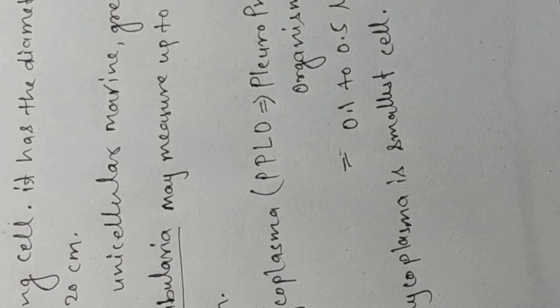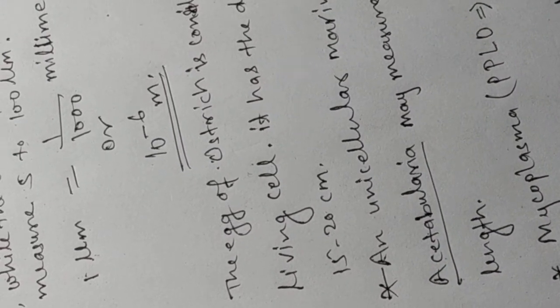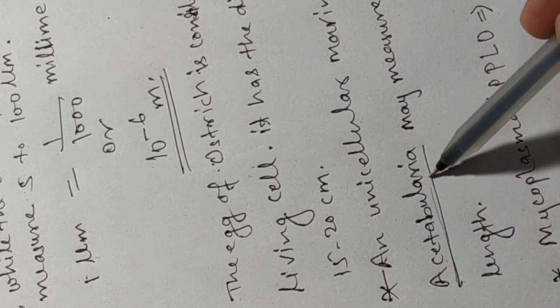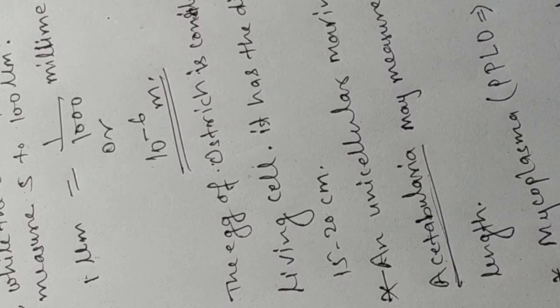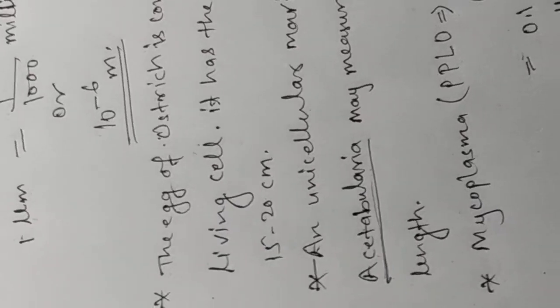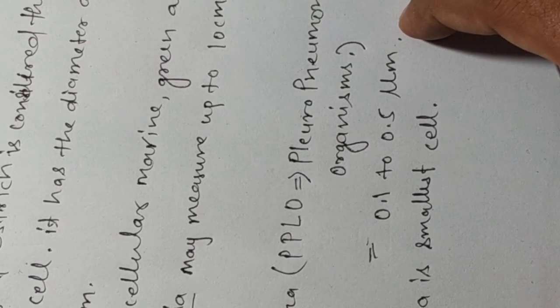Student, if a question arises about what is the longest cell, the longest cell is the marine green alga Acetabularia. Longest is Acetabularia, largest is the ostrich egg, and the smallest cell is Mycoplasma.